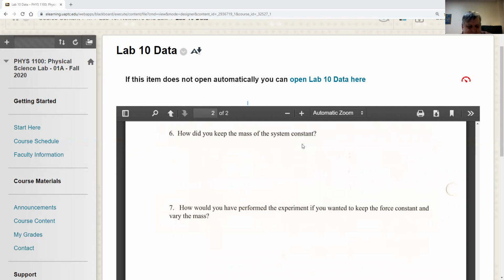Number 6, how did you keep the mass of the system constant? I'll answer this one for you. We kept the mass of the system constant by moving the mass from the cart to the hanger. We moved them around, but we kept each mass in the experiment.